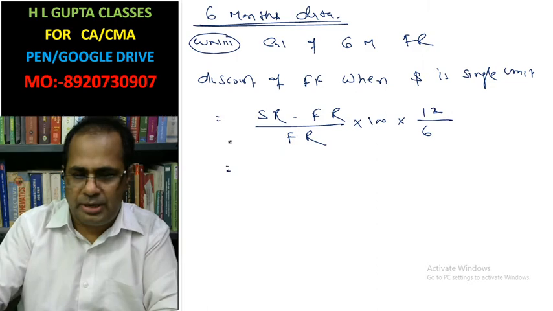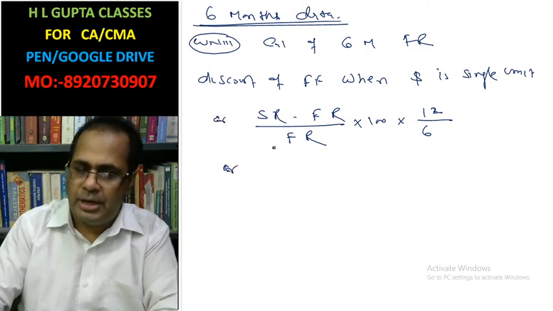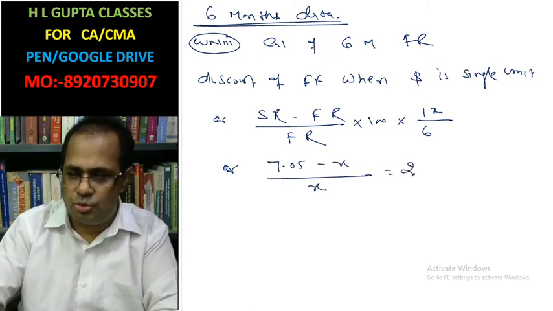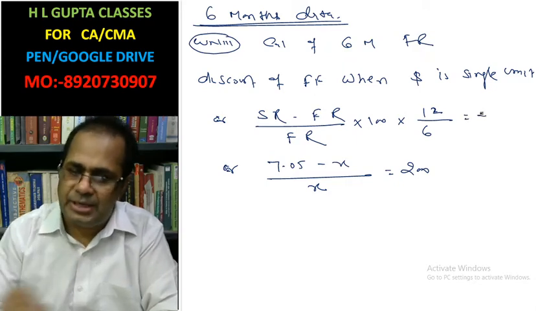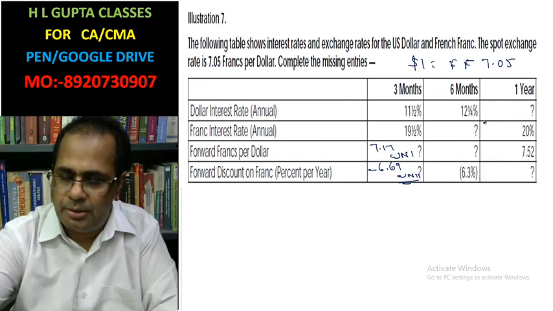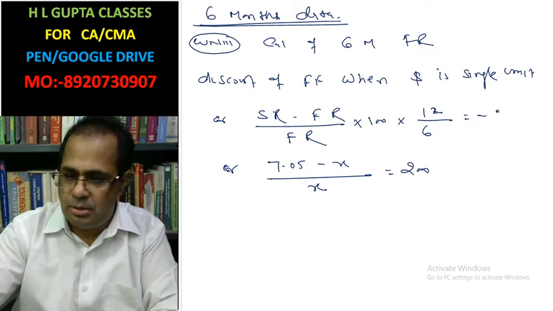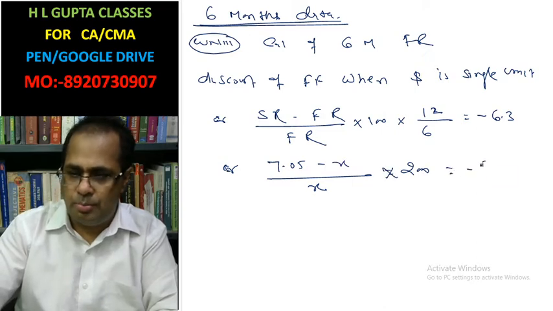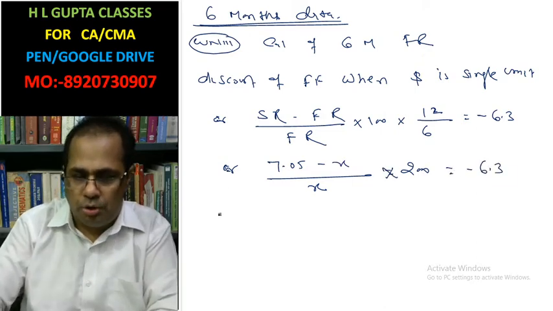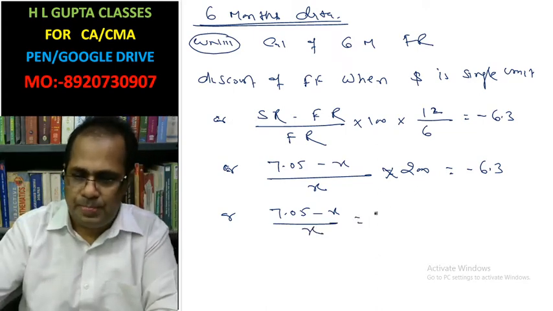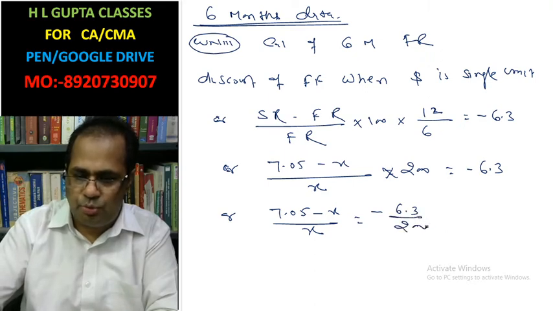Spot rate you have 7.05. Suppose forward rate is X. Then 7.05 minus X upon X into 100 equals the given minus 6.3. So 7.05 minus X upon X is minus 6.3 divided by 100.